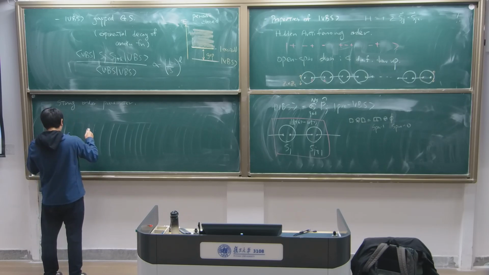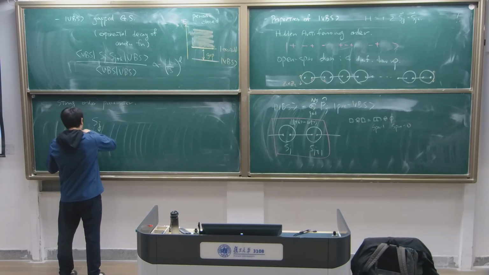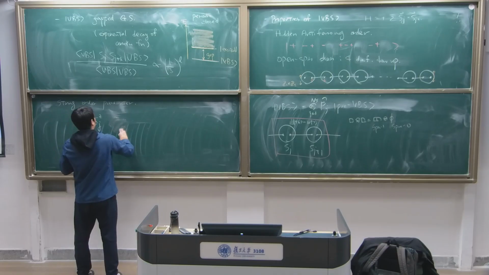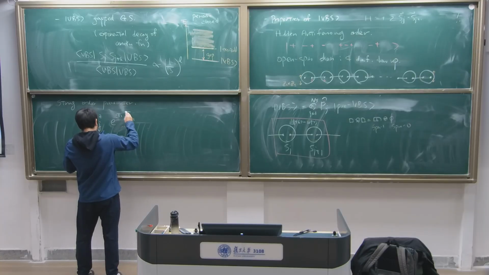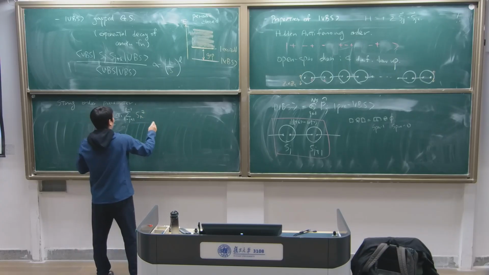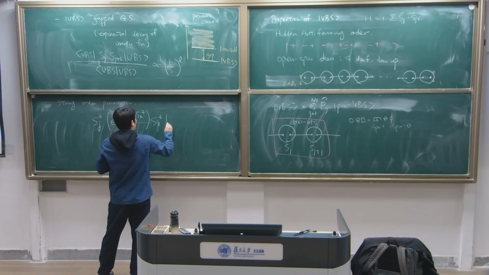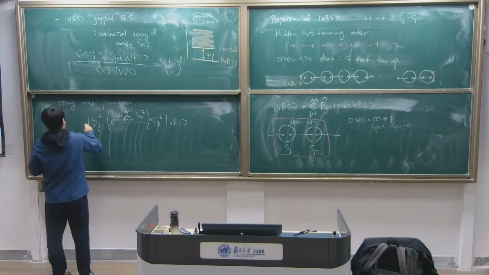So this way we define some operator as the exponential of i pi, sum over k equal to j plus 1 to l minus 1 of S_k, like this way.